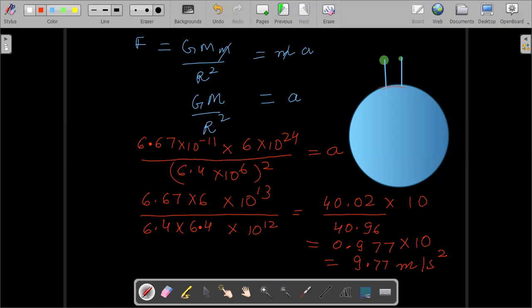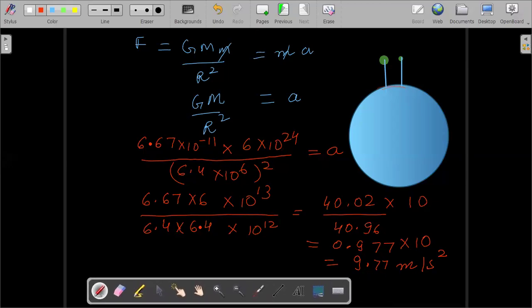Okay, sir, and the amount is 10 meter per second square, right? It's 9.77 meter per second square, approximated to 9.8 meter per second square. A value which everyone can utilize in the calculations will be 10.